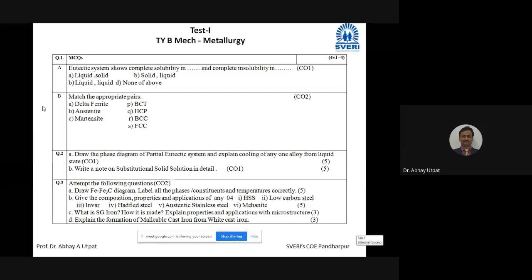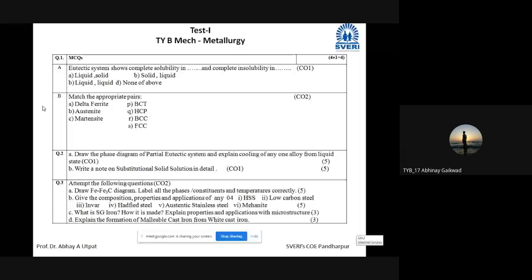That end part I will cover in next class, but for the time being, just tell me whether the test is visible. Somebody reply. Yes, sir, visible.